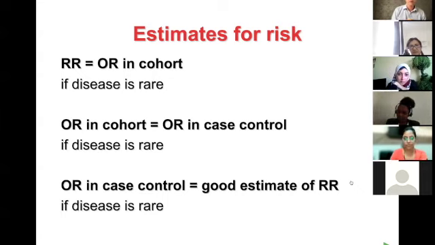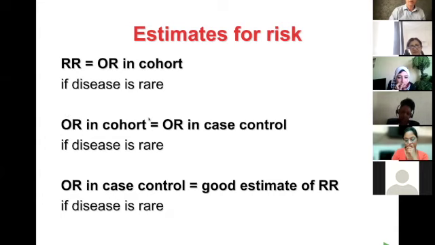An odds ratio in a cohort study is similar to a relative risk in a cohort study if the disease is rare. If the disease is very common, the odds ratio overestimates the association a bit. So the more common it is, the more it overestimates it. If the disease is rare, it's almost the same.